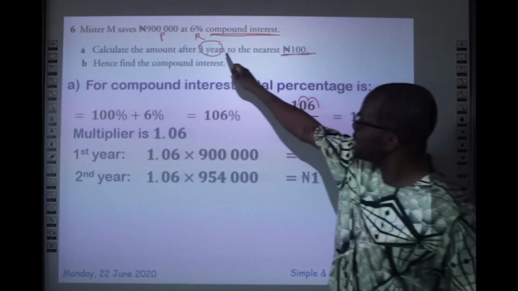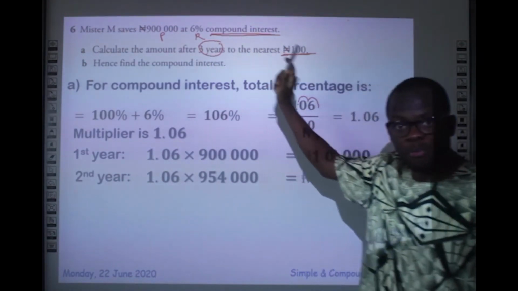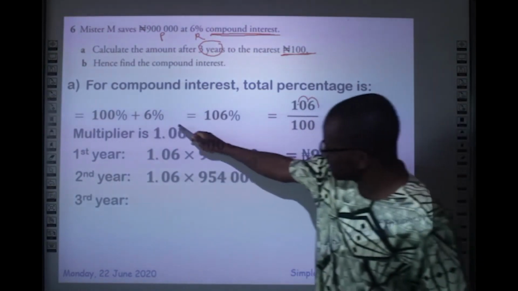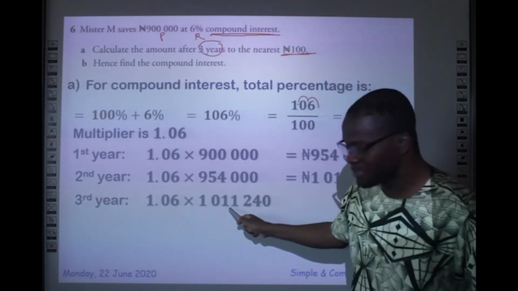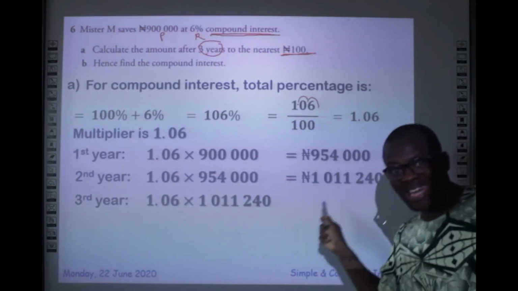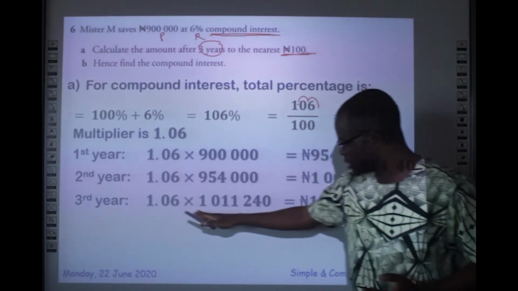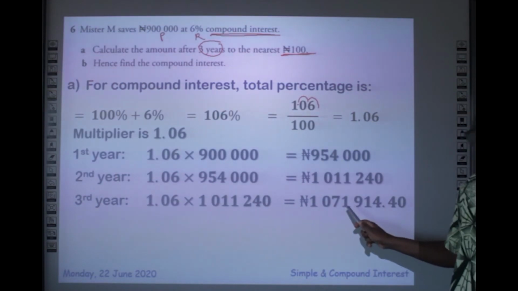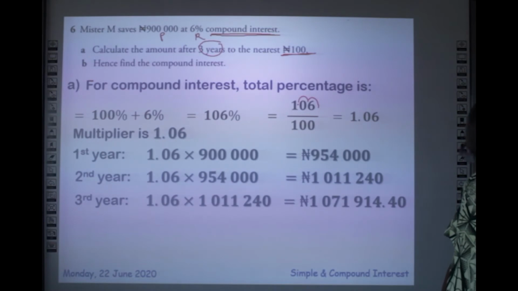But you're going one more year because you have a total of 3 years. So in the third year, again, you have your multiplier, 1.06, but this is now carried over to the beginning of the third year. When you carry out the multiplication, by the end of the third year you get 1,071,914 naira, 40 kobo. Okay?